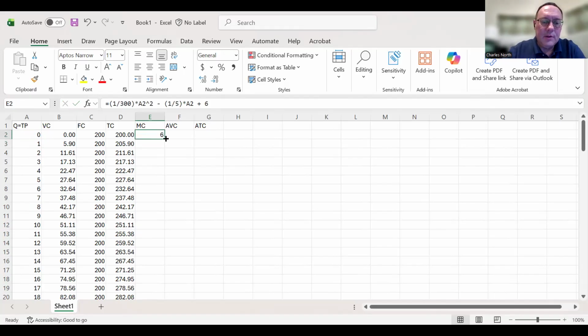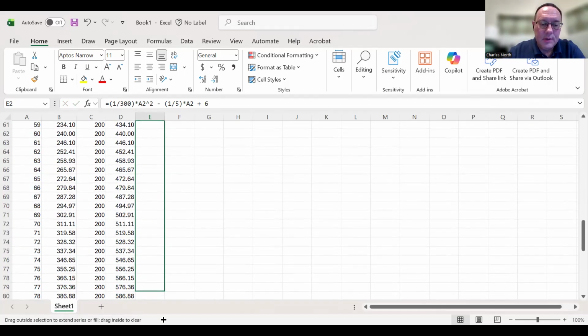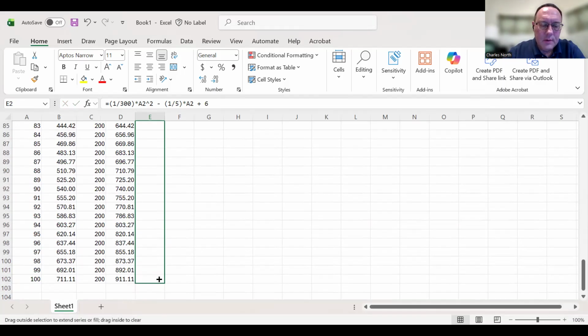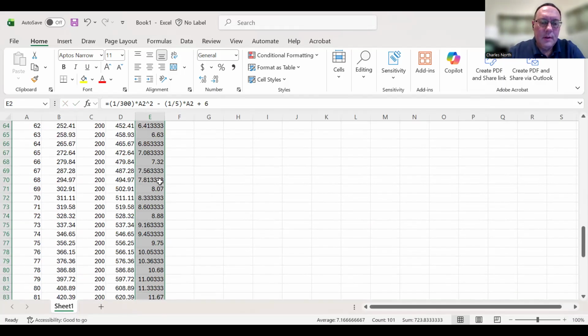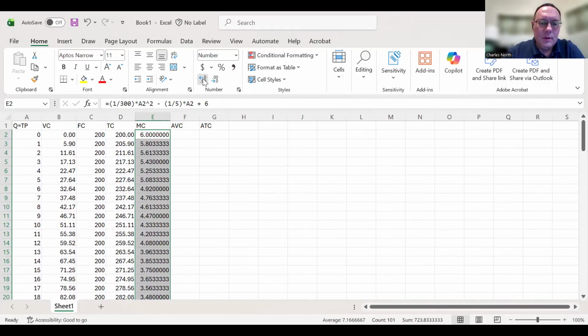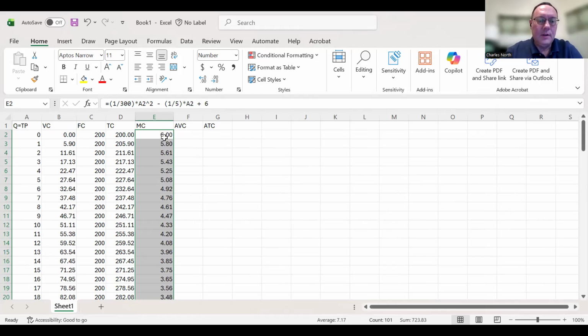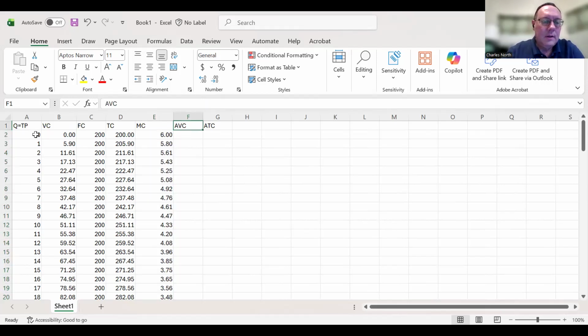And then I can copy those all the way down as well and get the marginal cost. And then again, I'm going to reduce that down to kind of dollars and cents just to make it look pretty.